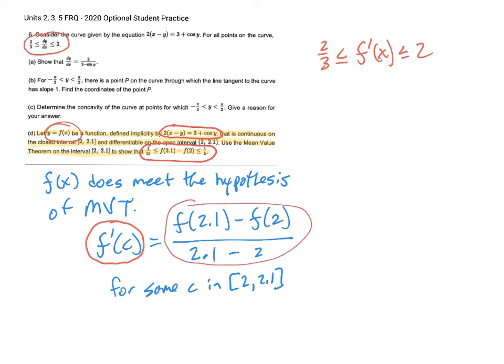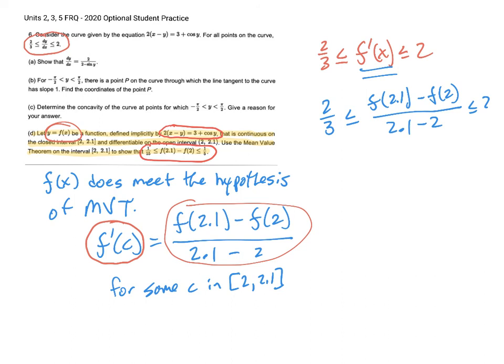So I'm going to take that expression and stick it right here where f prime of x is. So I can say 2/3 is less than or equal to f of 2.1 minus f of 2 over 2.1 minus 2. That's less than or equal to 2. I can do that because all of the derivatives for this function are between 2/3 and 2, so certainly the derivatives on this interval are there.